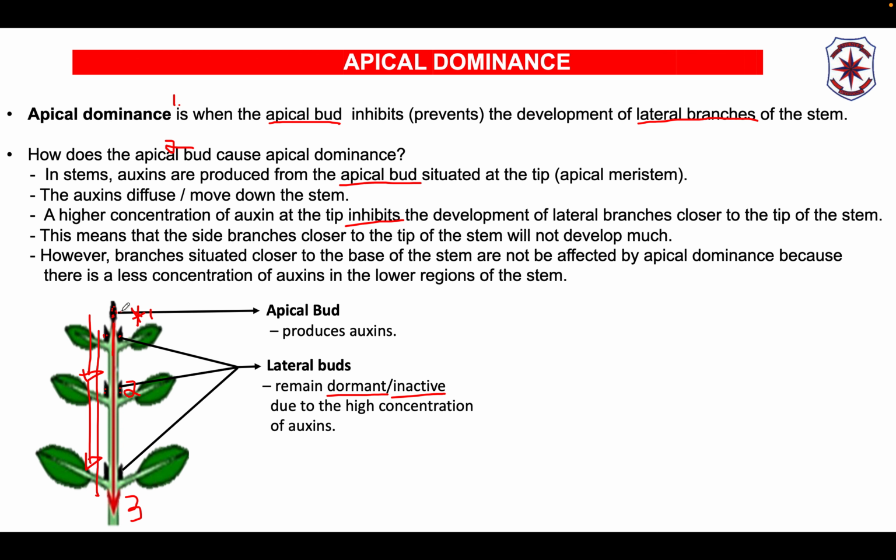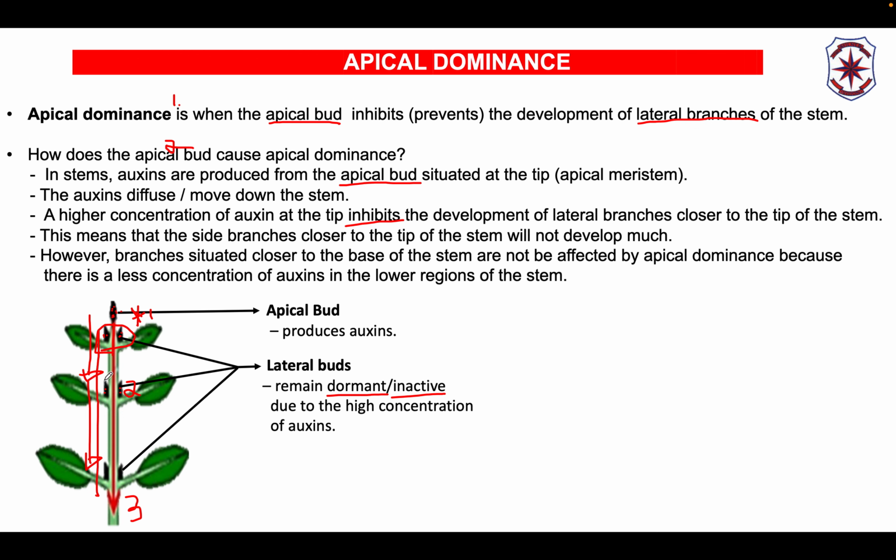It is highest there. Therefore, these lateral branches at region 1 are exposed to the greatest concentration of auxin. Therefore, they will be inhibited from forming lateral branches.